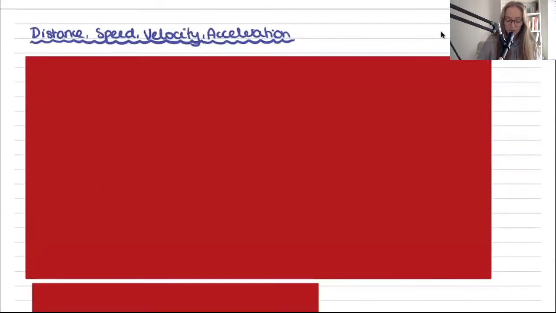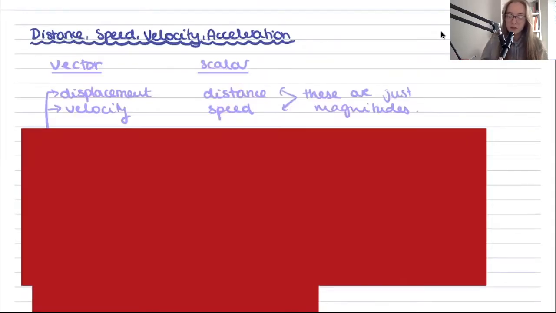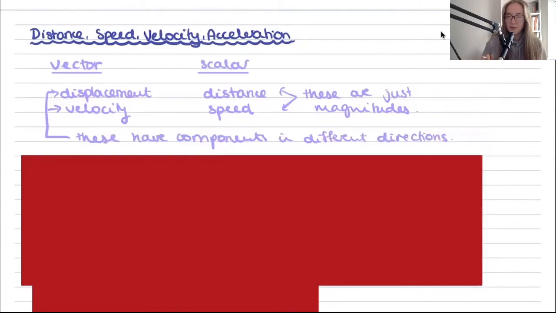So just on to the first concept, I'm going to be discussing speed, distance, velocity, acceleration, and their relationships. I'm sure that you're aware that some of these values are vectors and some of them are scalars, and I'm sure you know what that means.